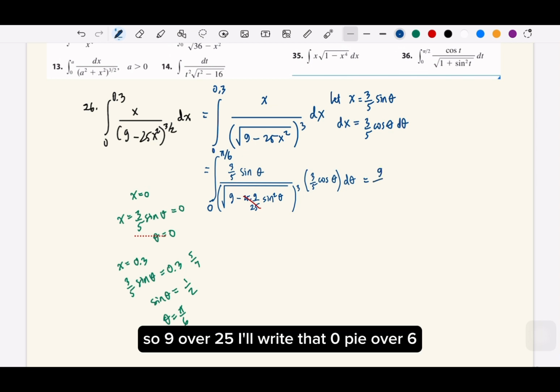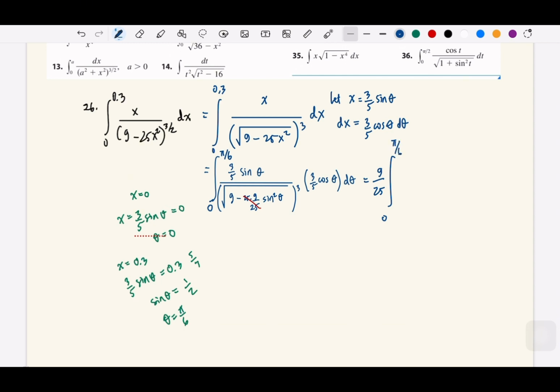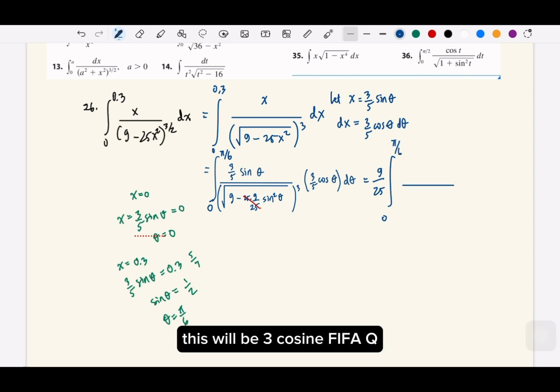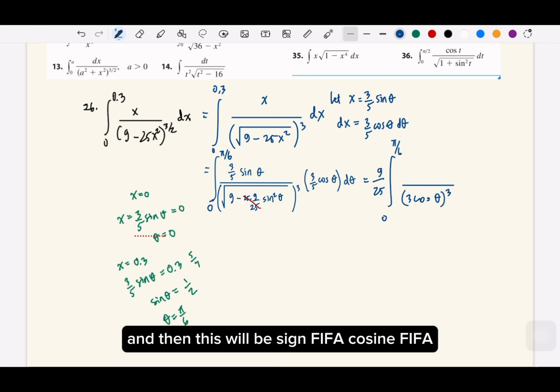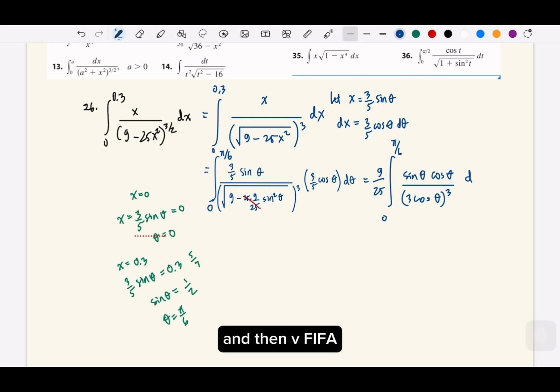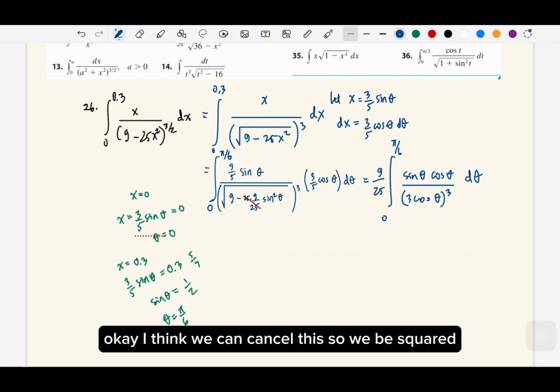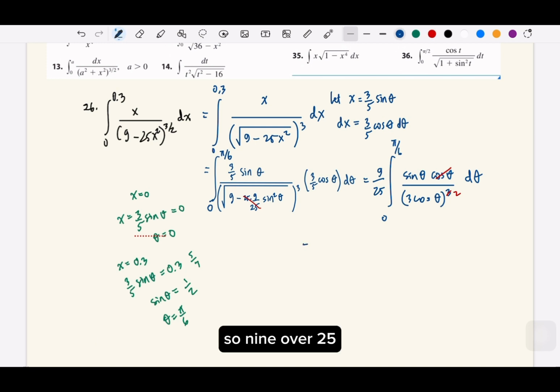So 9 over 25, I'll write that. This will be 0, pi over 6. This will be 3 cosine theta cube. And then this will be sine theta, cosine theta, and then d theta. Okay, I think we can cancel this, so it will be squared. So 9 over 25.